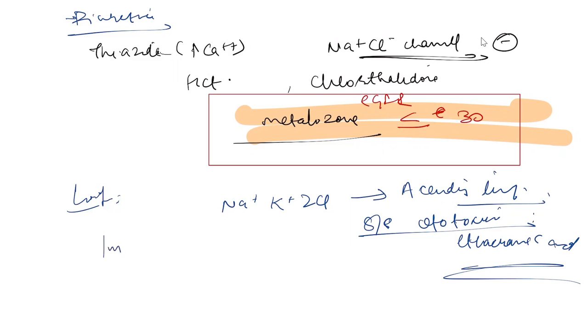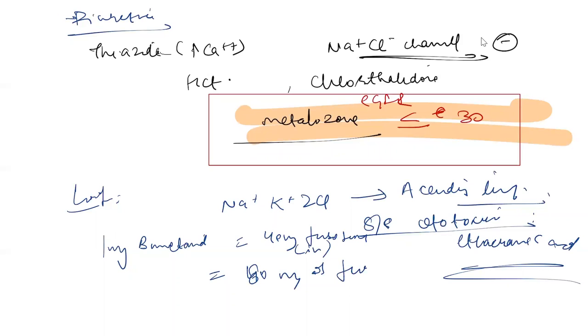That is, 1 mg bumetanide is equal to 40 mg furosemide IV, which is equal to 80 mg of furosemide oral, which is equal to 20 mg of torsemide. So this is the conversion factor of different loop diuretics.